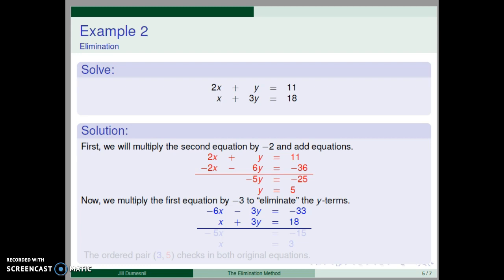Notice now that the y terms will be eliminated. Adding the 2 equations produces -5x = -15, so that x = 3. The ordered pair (3, 5) checks in both original equations.